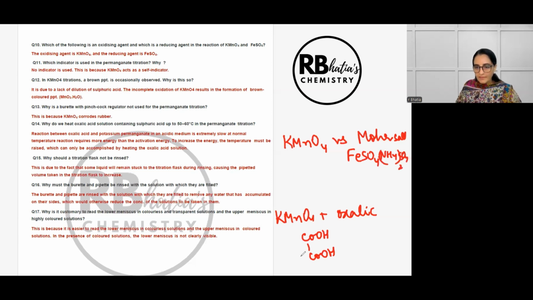Ionic means in aqueous solution, it's already separated into ions. Already free ions are present, so it's easy for the reactants to react. Whereas in case of oxalic acid, we have covalent bonds, and covalent bonds need more energy to break.